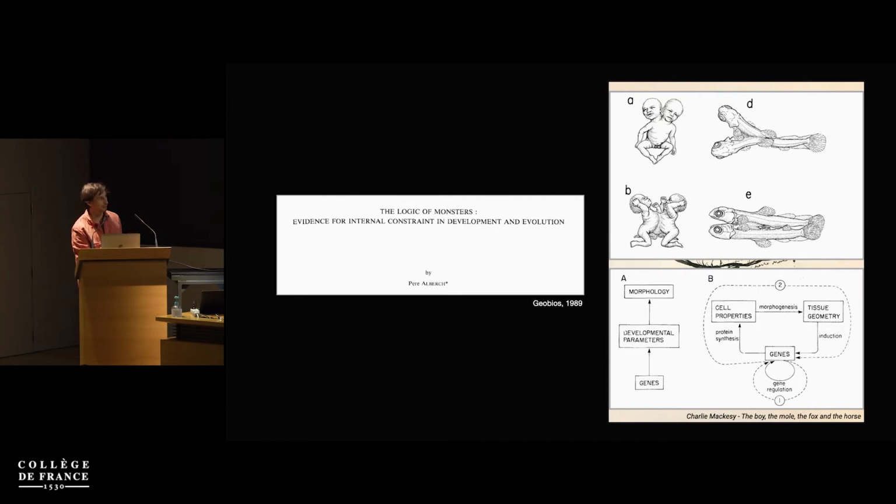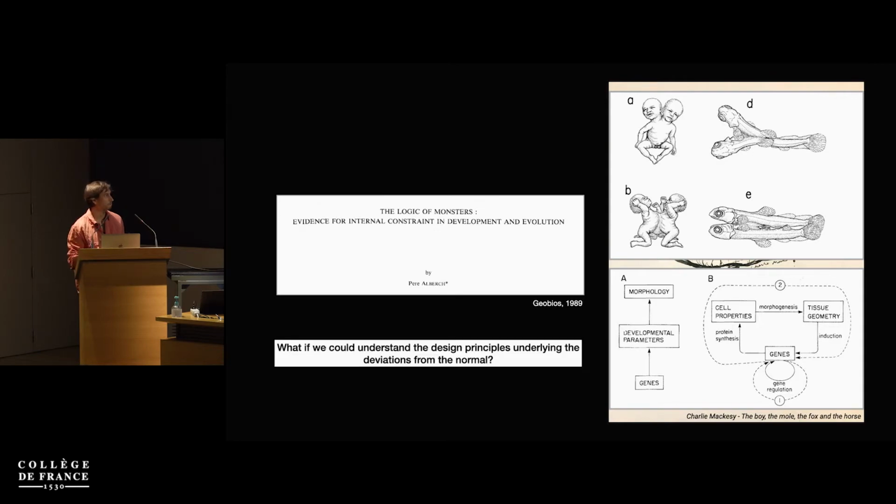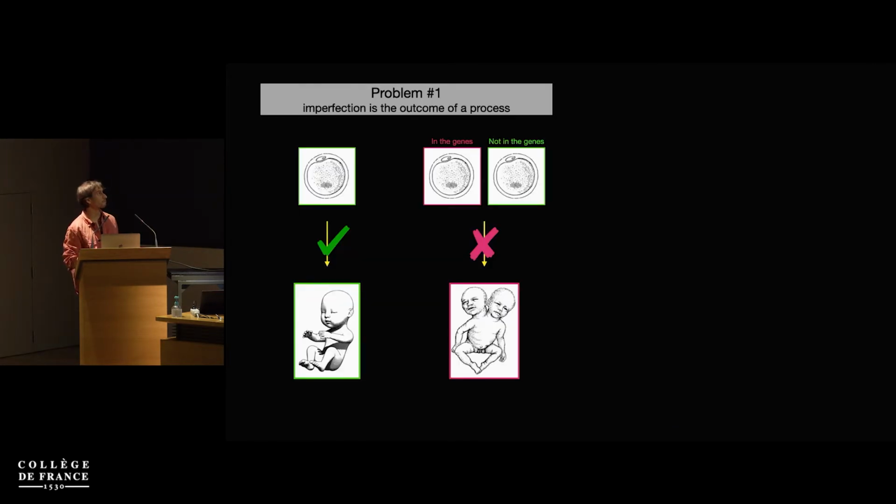And just to point out, he was by then already thinking about development as a regulative process, obviously, and he was also not the first. So what if we could understand the design principles underlying the deviations from the normal and really extract information from these abnormal constellations?